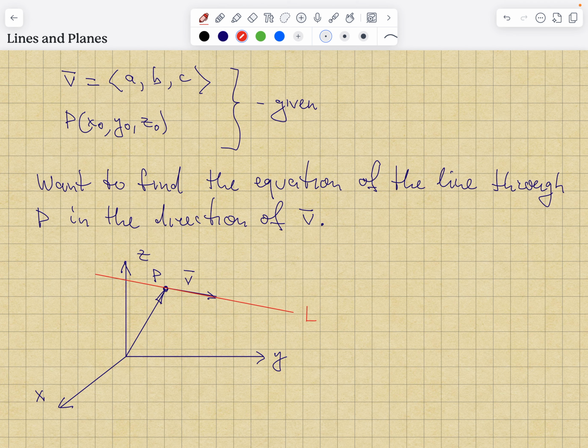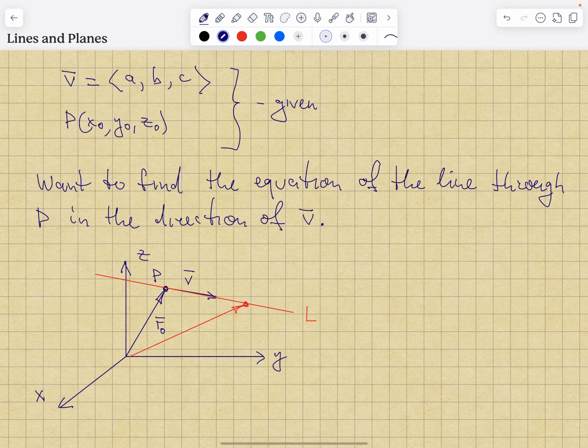Then the way that I dealt with this last time, you pick some other point on the line L, and you call the position vector for P R0.